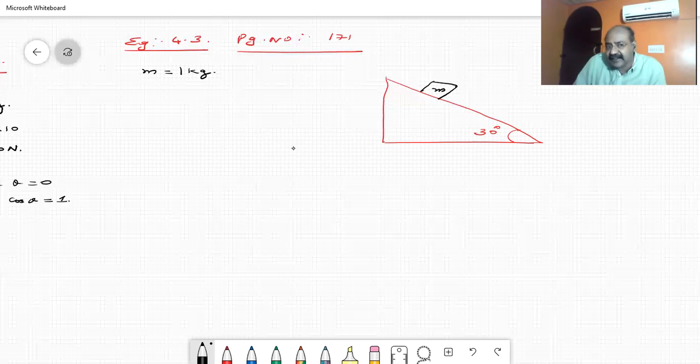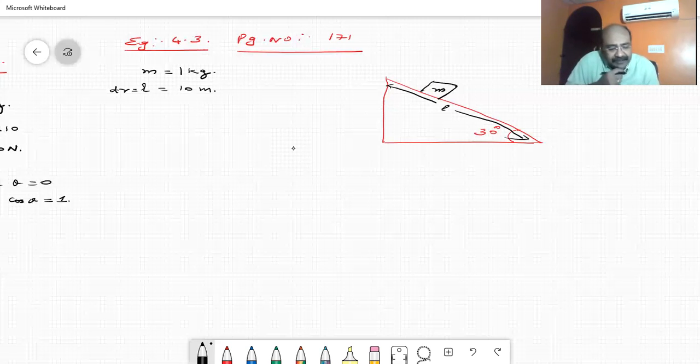So let us take like this, from this end to the other end. This we are considering as the length L. It is given that length L is the displacement produced on the body. Let us consider it as 10 meters, which is the distance or displacement moved by the body.